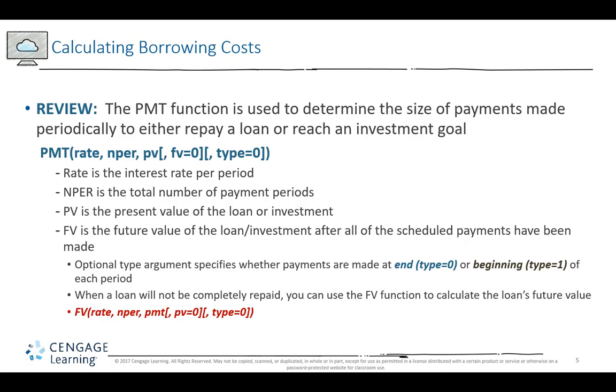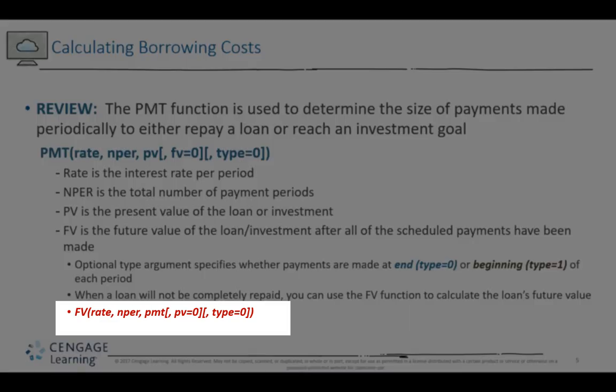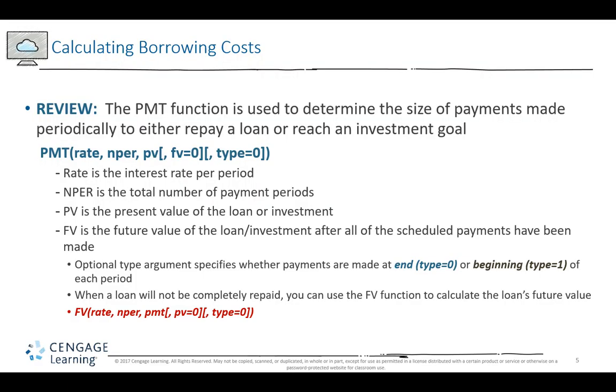When a loan will not be completely repaid, you can use the future value function to calculate the loan's future value. Here is the formula. Note that when using these formulas, the interest rate and payment period must use the same time unit.